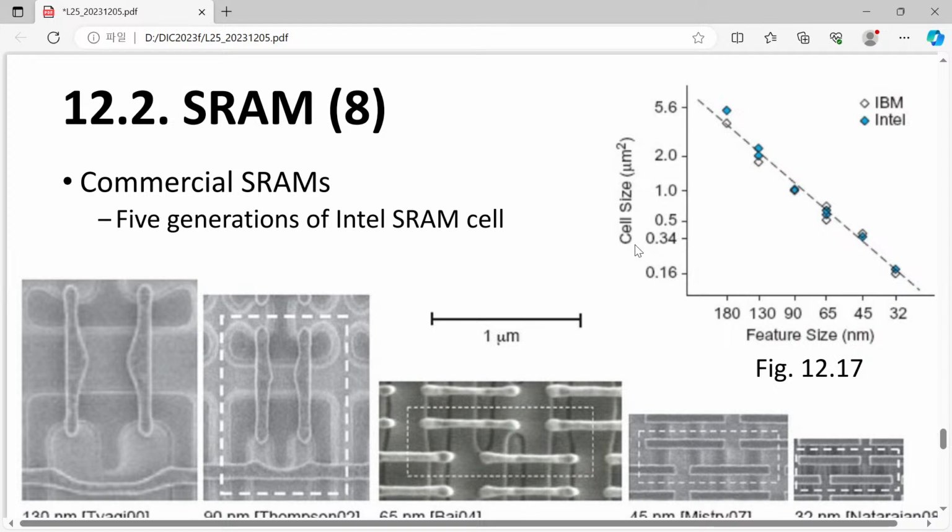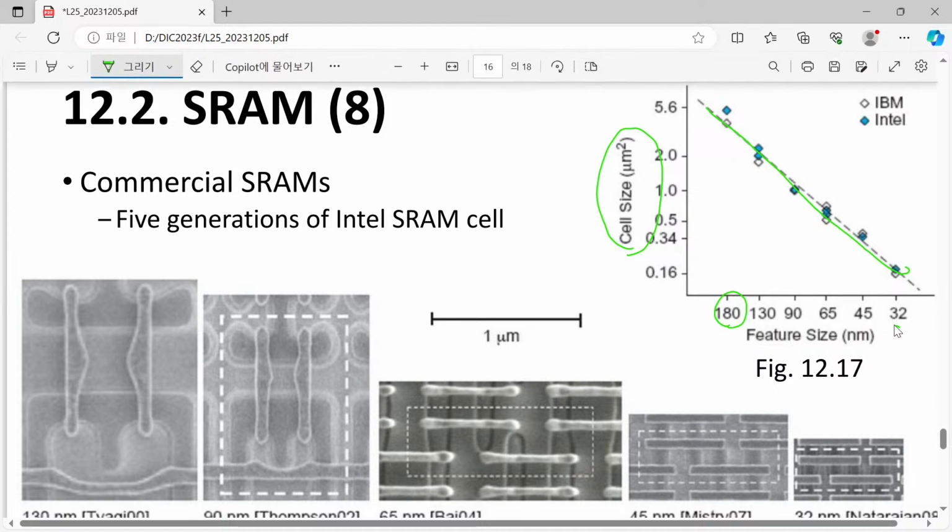We always try to reduce the SRAM cell size, and previously it was continuously reduced. For example, think about the feature size. From the 100 nanometer technology node to the 32 nanometer node, what is the difference? It is roughly 5 or 6 times reduction of feature size.